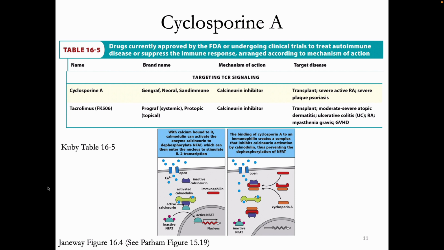So instead of hitting all the T cells, can you find a way to just hit the bad T cells or something like that? So that's a sort of a theme that we're going to see with different therapies. So again, remember that I used the phrase, we're going from having a very broad type of treatment to wanting to have a specific treatment.